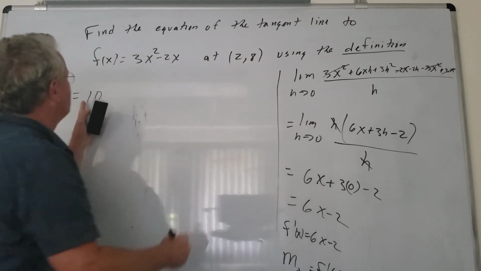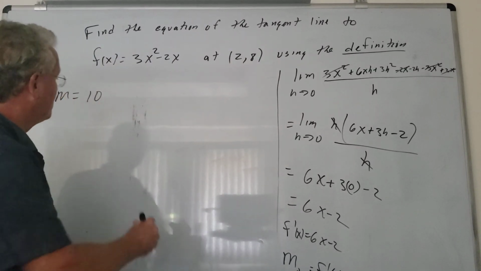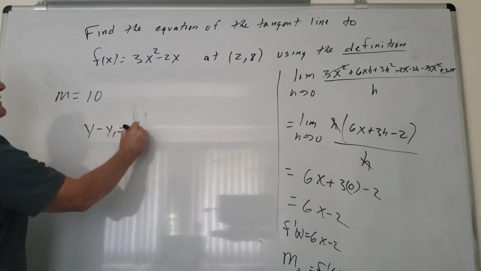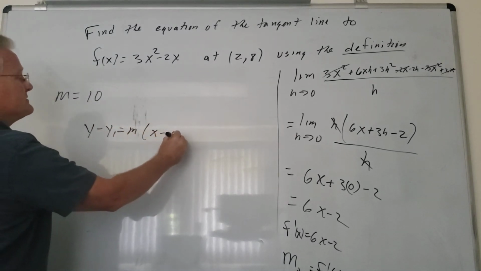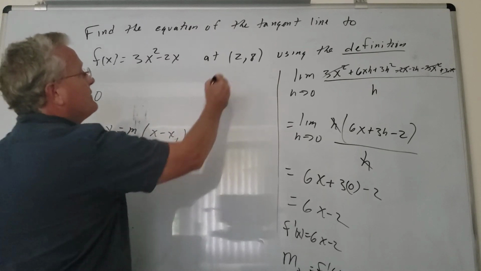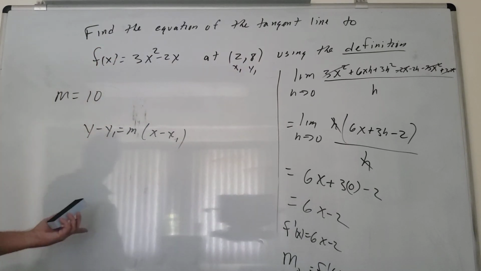So what we have is a point and the slope, so we use the point-slope formula. The point-slope formula is y minus y1 equals m times x minus x1, where x1, y1 is our point. Now we just plug everything in.